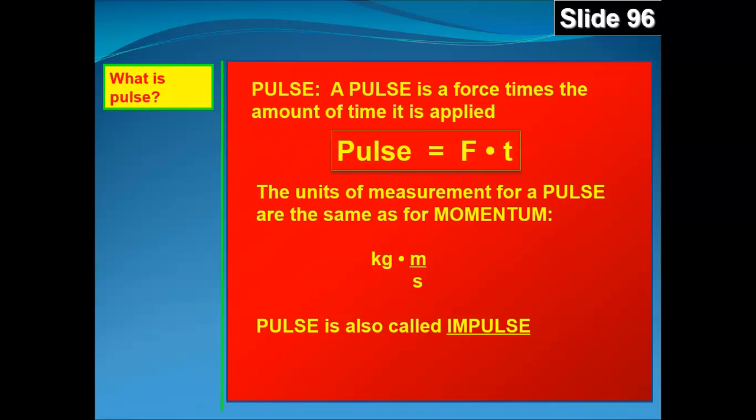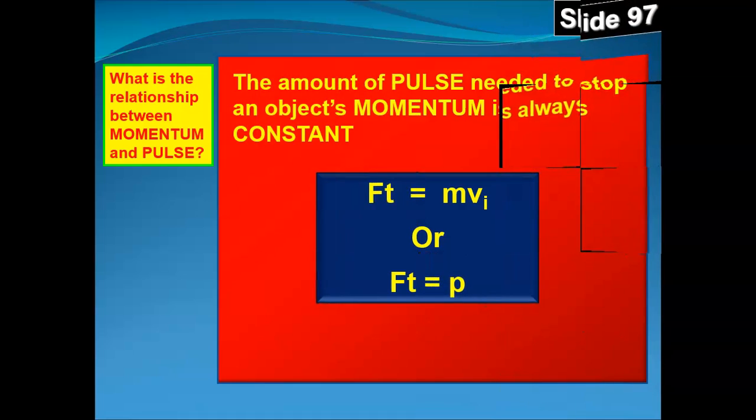Impulse is also sometimes called pulse. The amount of impulse needed to stop an object's momentum is always constant. So if you take the momentum m vi and you equate that to the force times the time, that's the amount of impulse that it will take to stop a certain amount of momentum.